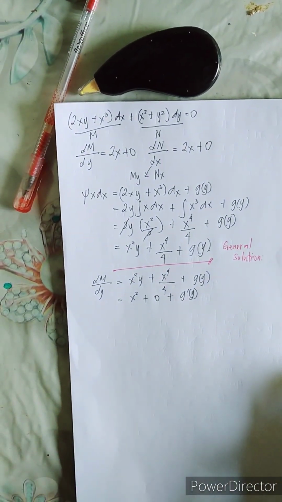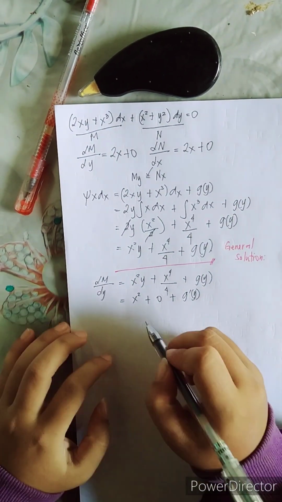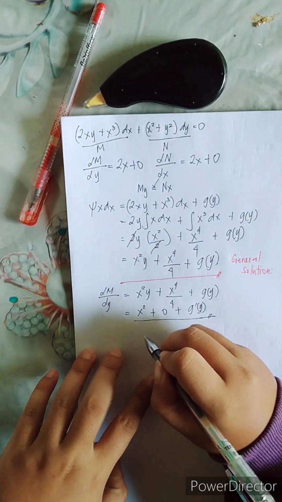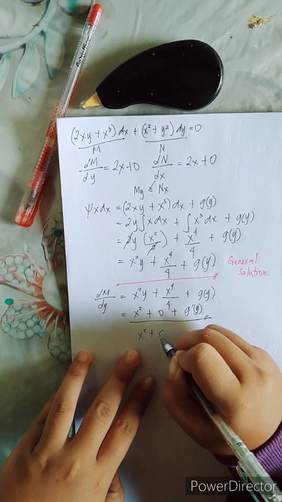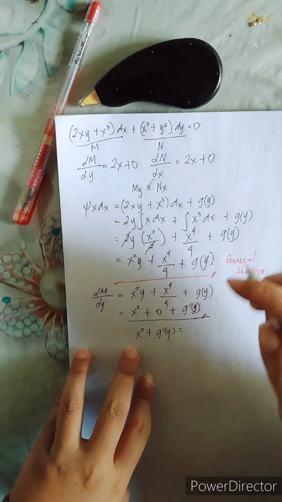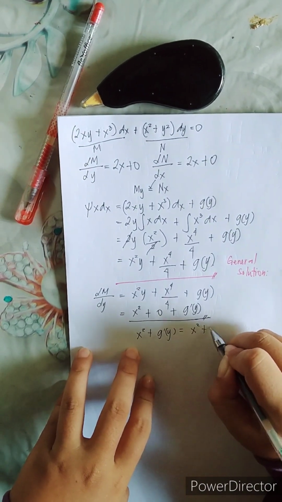Next step, let's equate this equation to our N term. Then x squared plus g prime of y equals x squared plus y squared.